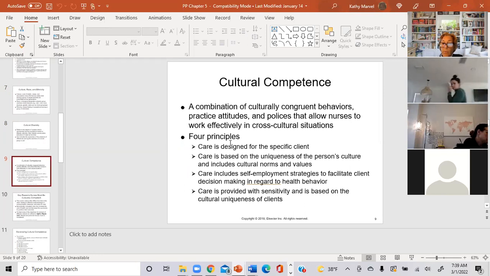Care includes self-empowerment strategies to facilitate client decision-making in regard to their health behavior, meaning we want to involve the client in the planning process, in the nursing process, the whole process. Care is provided with sensitivity and based on cultural uniqueness. That is the basis for culturally competent care, your 4 principles.